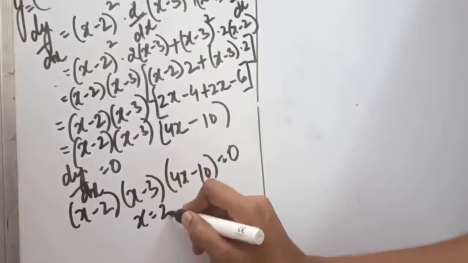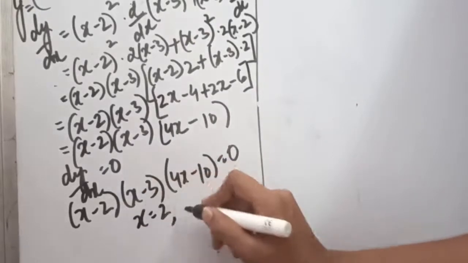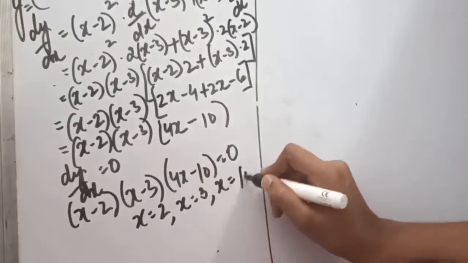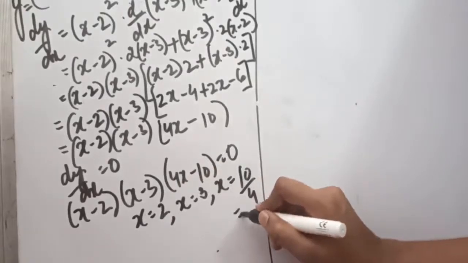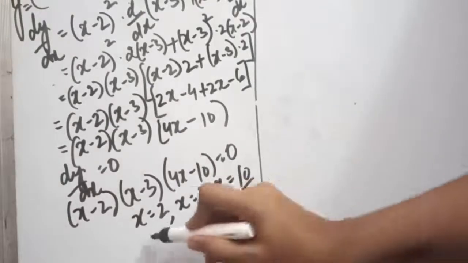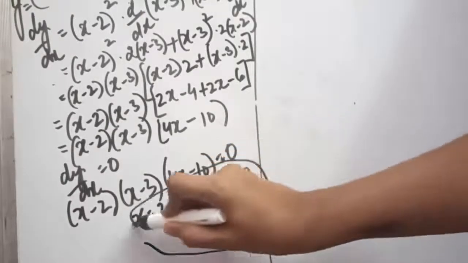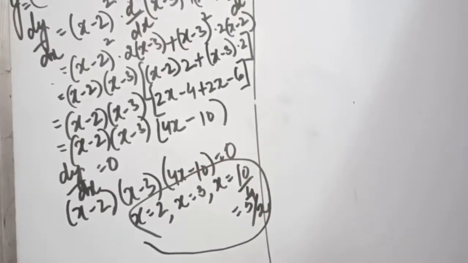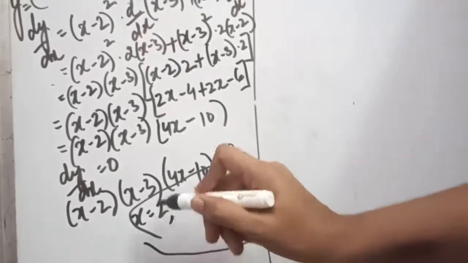First will be x equals 2. Second will be x equals 3. And third will be x equals 10 by 4, that is 5 by 2. So in this question we are getting 3 values. We have to test these 3 values to see which point is the maxima point, which point is the minima point, and there may be a point of inflection as well.